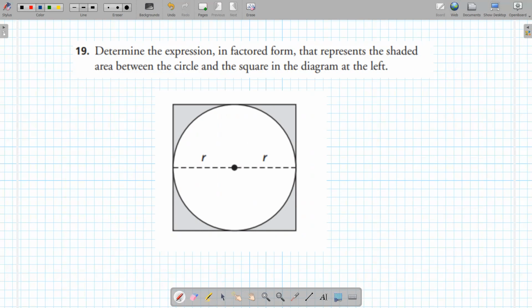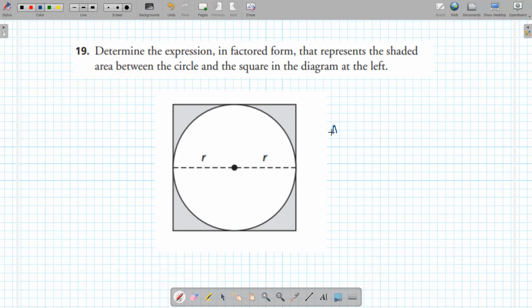How do we start this question? What's going to be our first step? You find the area of the square and the circle.